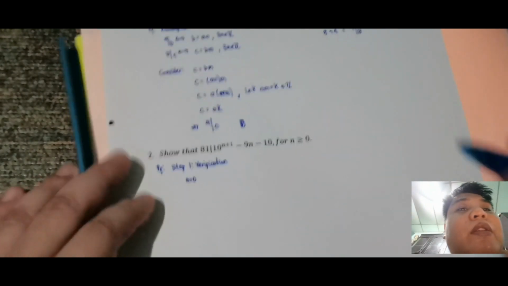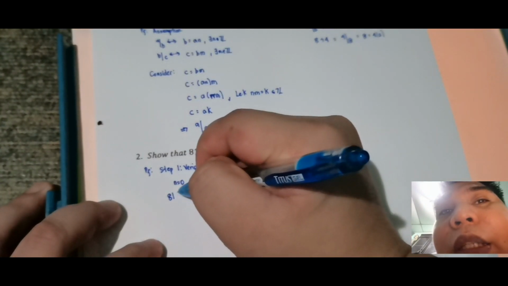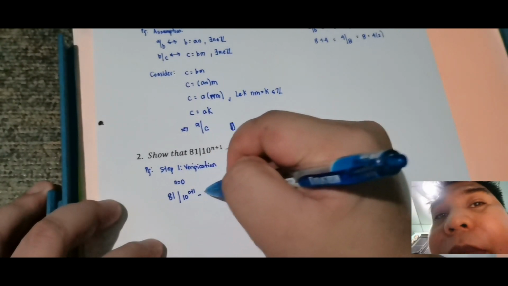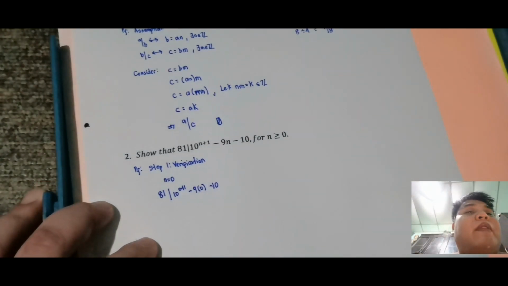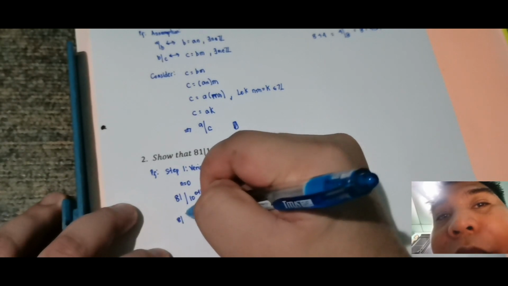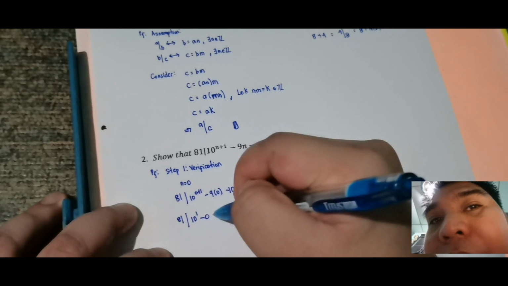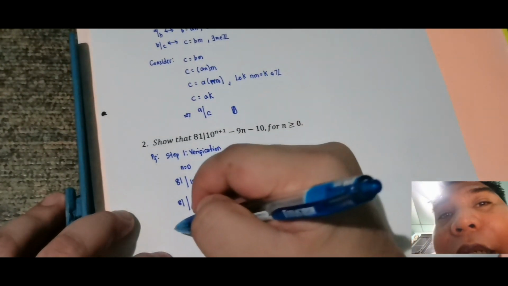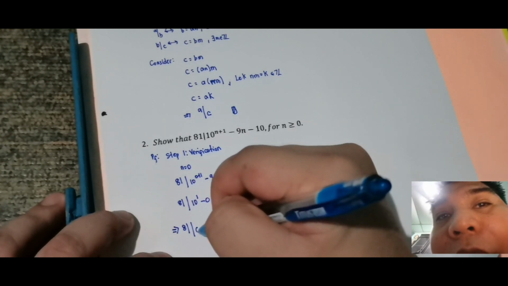For n is equal to 0, this is 81 divides 10 raised to 0 plus 1 minus 9 times 0 minus 10. This is equivalent to 81 divides 10 raised to 1 minus 0 minus 10, and this implies that 81 divides 0.